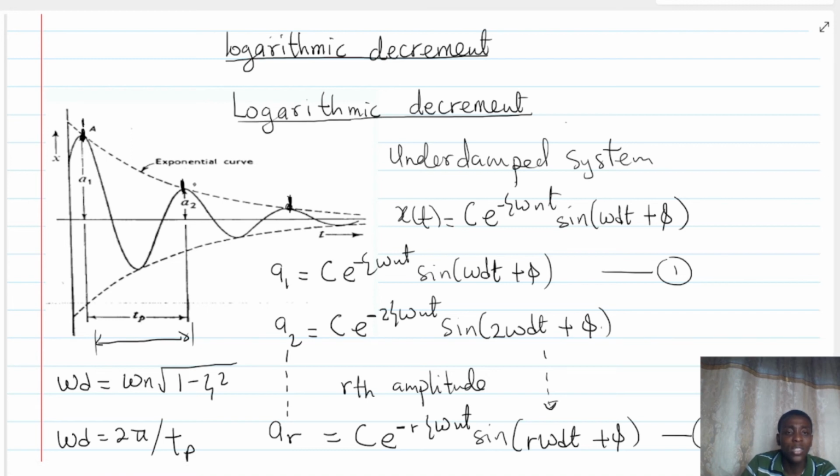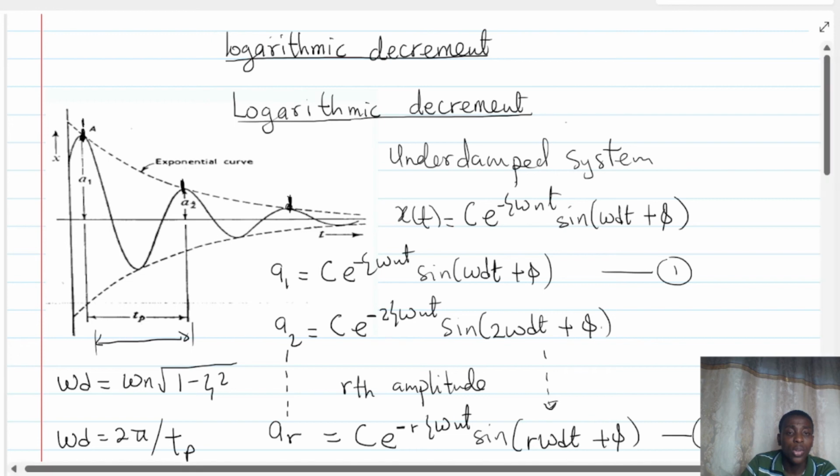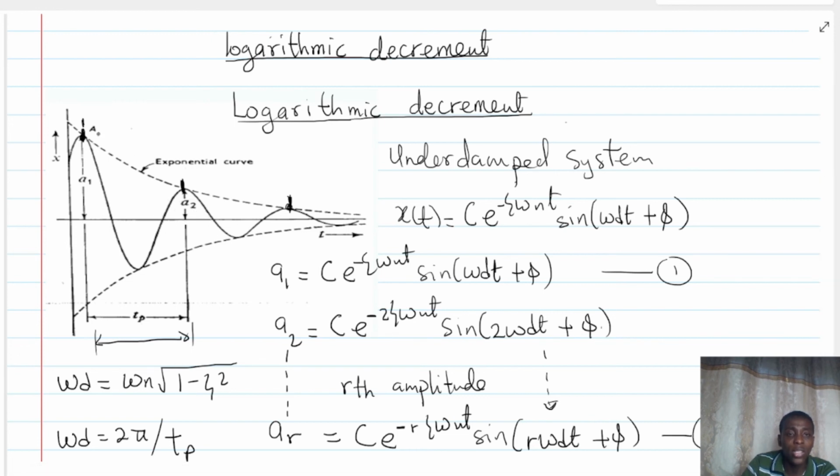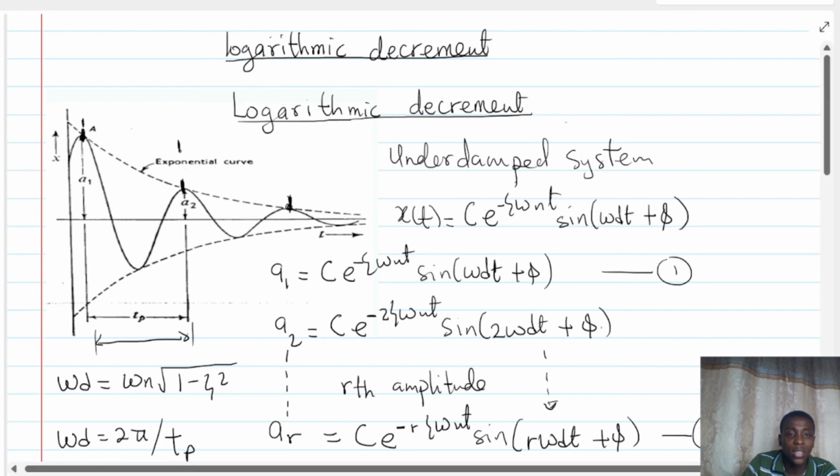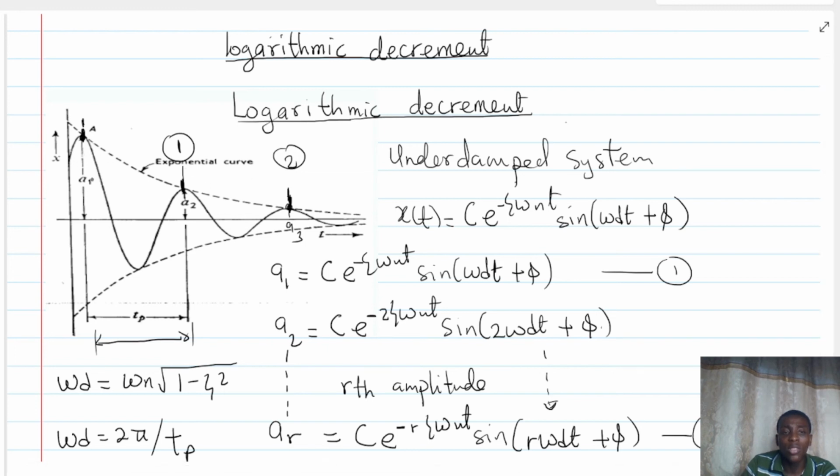After one complete oscillation or cycle, you land at the second amplitude. This is one cycle, and you are at A2, and this is another cycle. You will be at A3.